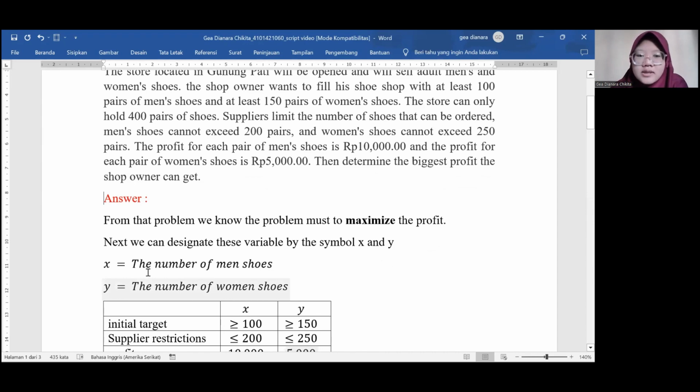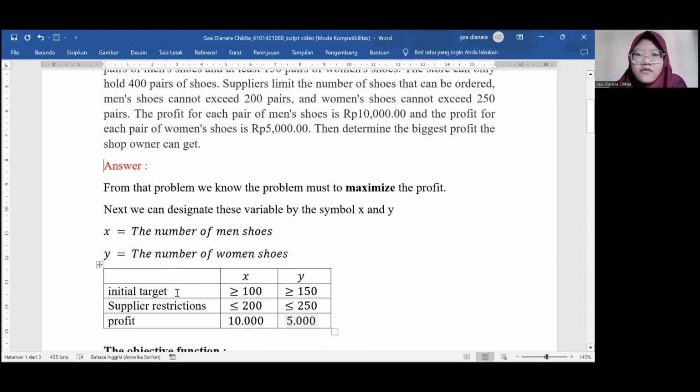We can make a table. The shop requires the number of men's shoes to be greater than or equal to 100, and from the supplier's restriction, less than or equal to 200 for men's shoes and 250 for women's shoes. The profit is 10,000 rupiah for men's shoes and 5,000 rupiah for each pair of women's shoes.